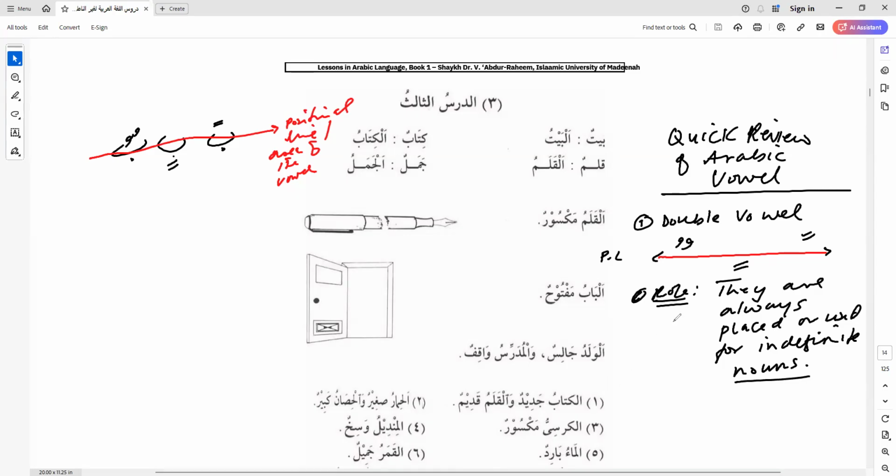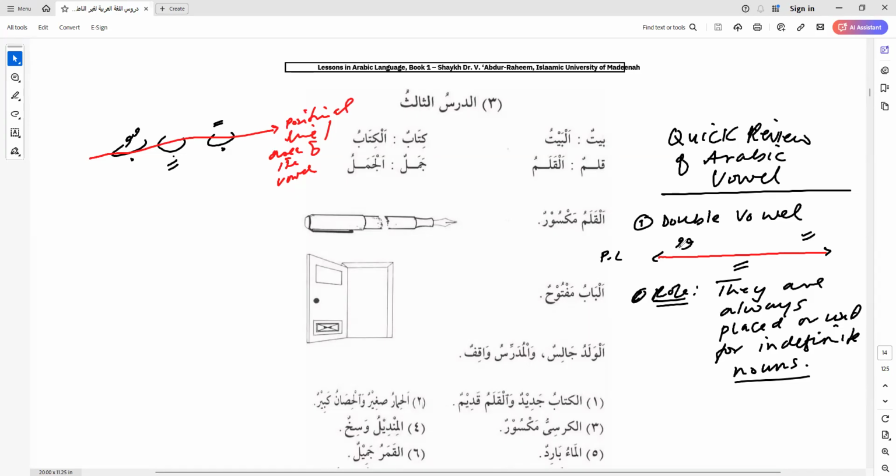So any noun that is indefinite in Arabic, that is to say it doesn't have al, is going to have either fathatain, kasratain, or dammatain. So if you see a noun that has fathatain, kasratain, or dammatain, then you can say with 100% assurance that it's an indefinite noun.